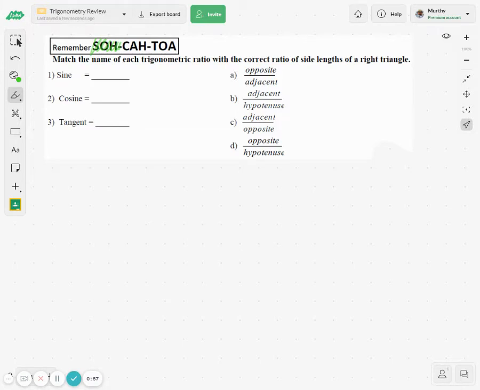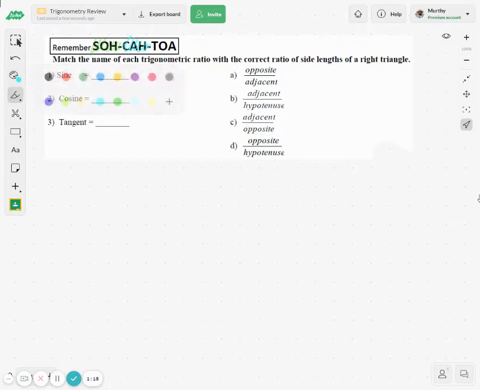And next, CAH stands for the first letters of cos. So cos equals adjacent over hypotenuse.